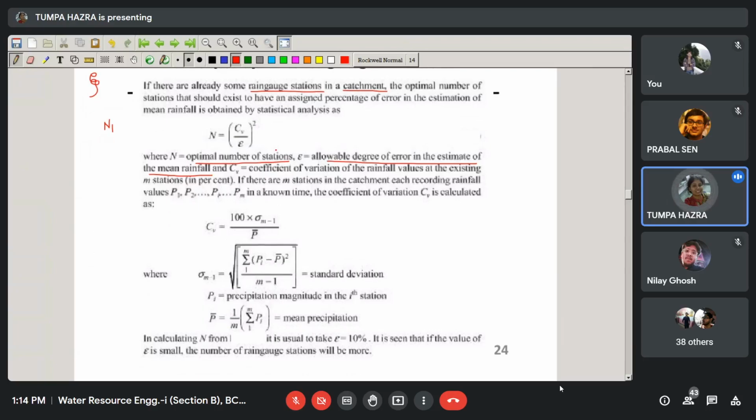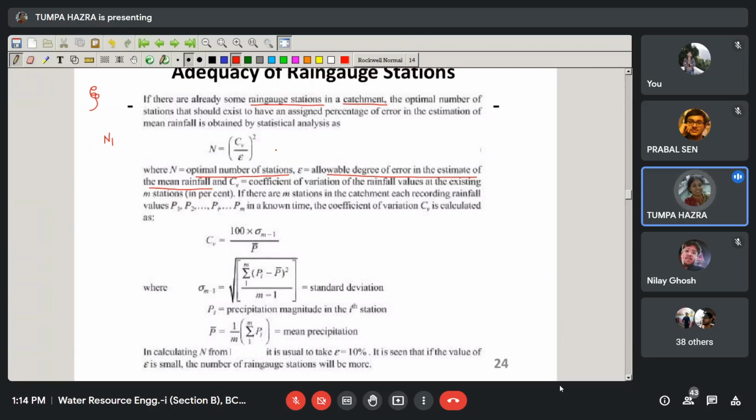Now, how will you calculate the coefficient of variation? Let us consider that for that particular area there are m stations which are recording the rainfall values P1, P2, up to Pm, for a specified time period.